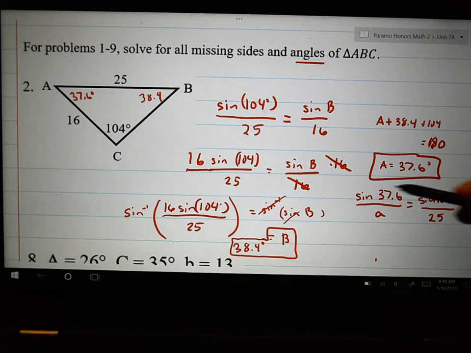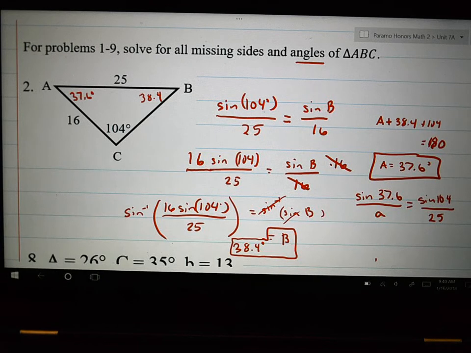So this is how I would set it up to figure out what little a is. The sine of big A over little a equals the sine of big C over little c, because I knew those values and I'm not approximating like what angle B is. There's no approximation here. I'm going to be more accurate that way.